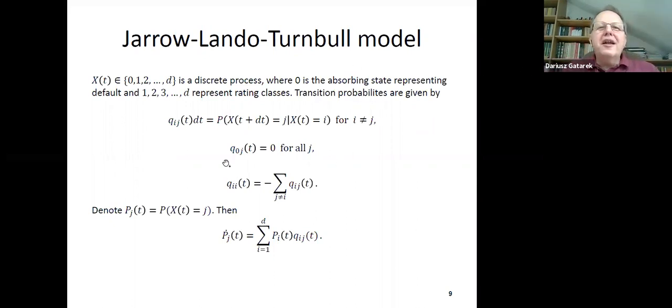Okay, the transition probabilities, Q, I, J, there are two ways of calculation. So one is historic.